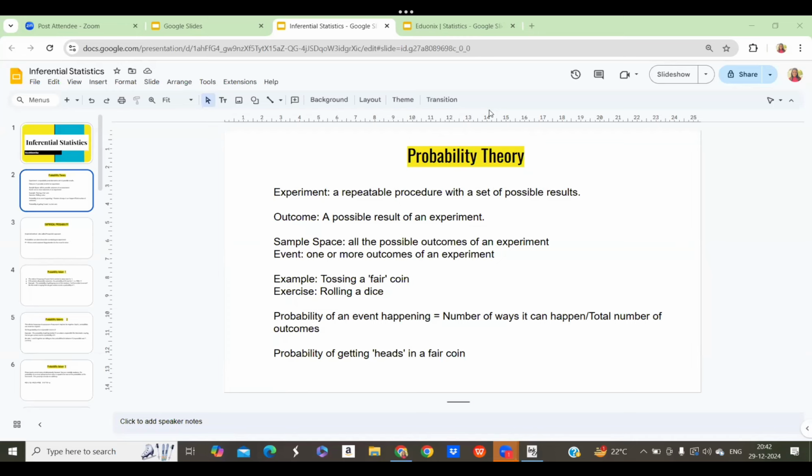So 1 by 2. So the total event is 1 and we have 2 probable outcomes. That's why it's 1 by 2. Now, when coming to rolling a dice, we have 6 probable outcomes, so it is 1 by 6, right? So this is how we calculate, this is how we understand.